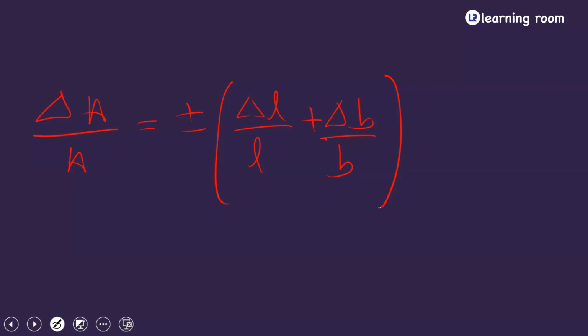Is the product error plus or minus 0.07 something? No. So delta A, product error is 0.010.